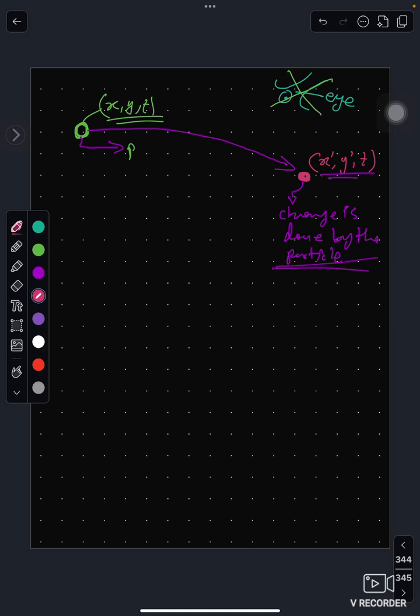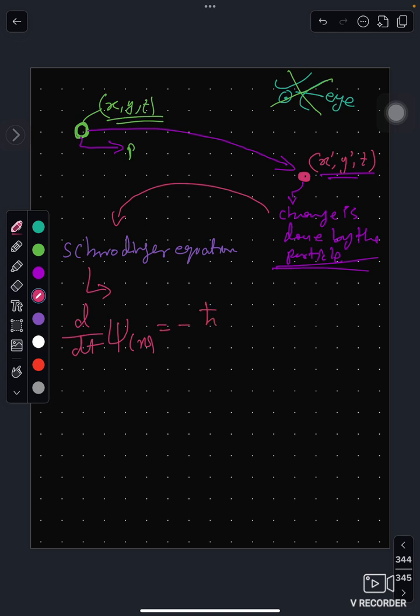This change can be observed using the Schrödinger equation, which is d over dt of the wave function, minus h bar over 2m.